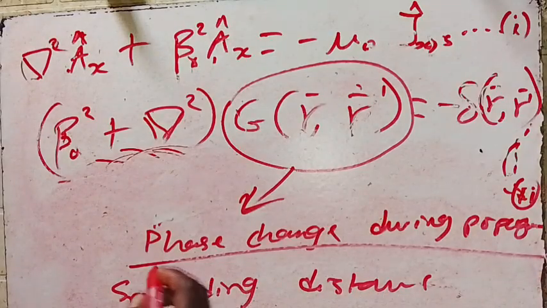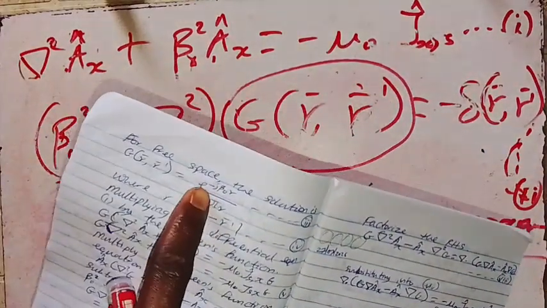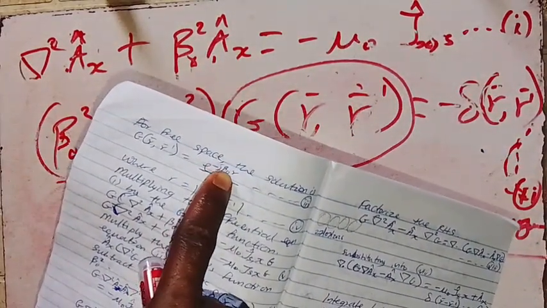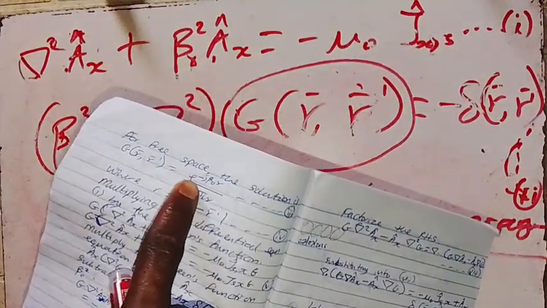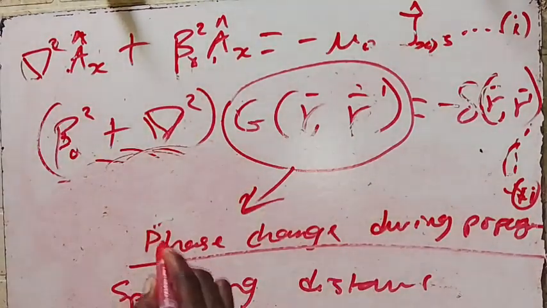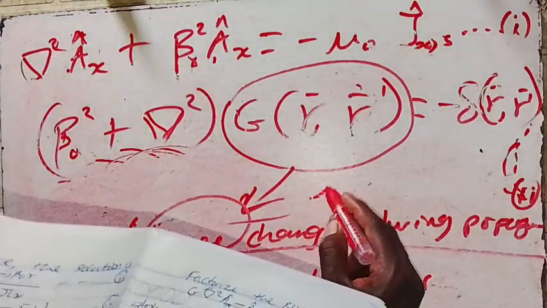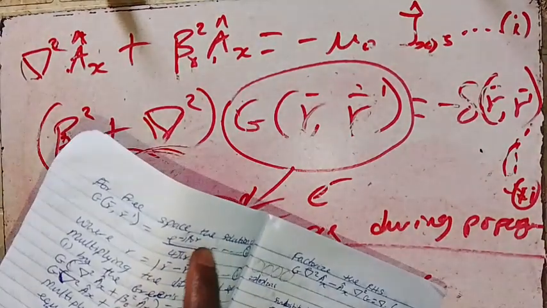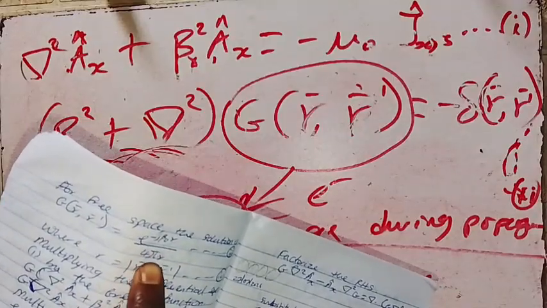And this, we have it in our notes as this. So this is the phase change. You can see beta naught there. All this on top equals that. Then the spreading distance is equal to this.